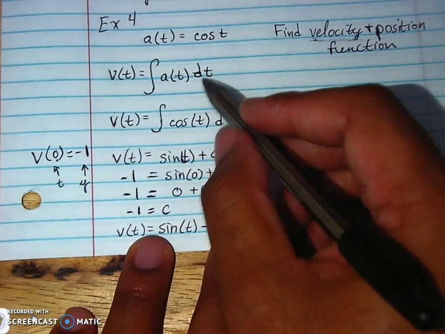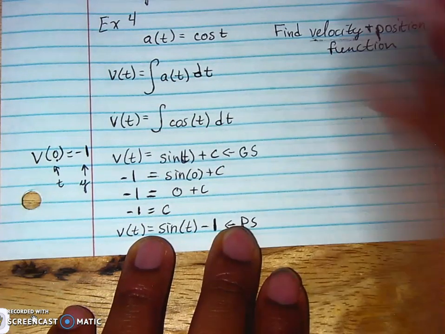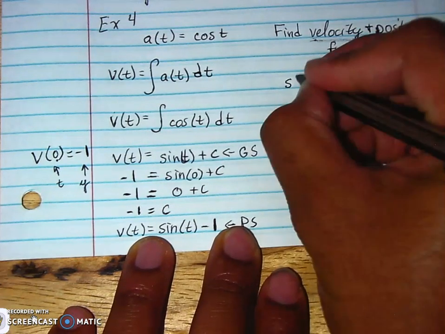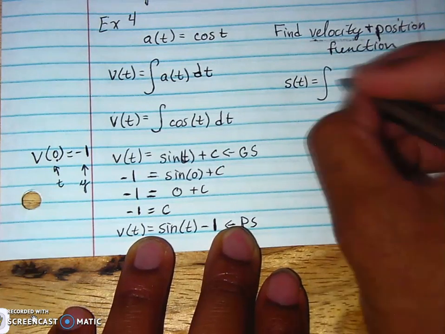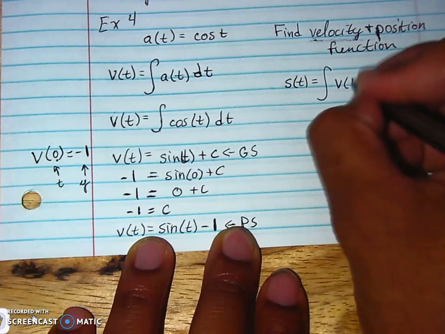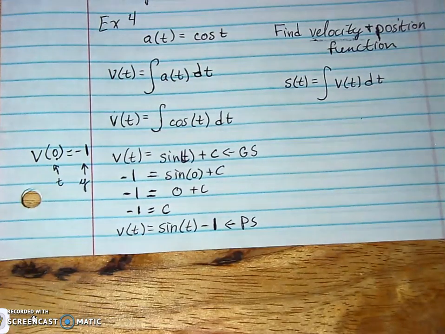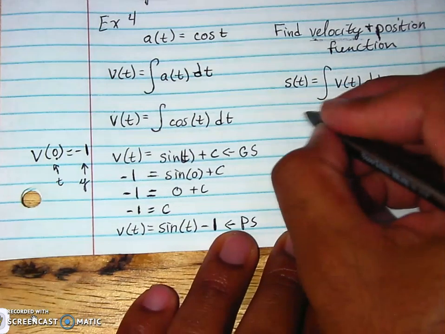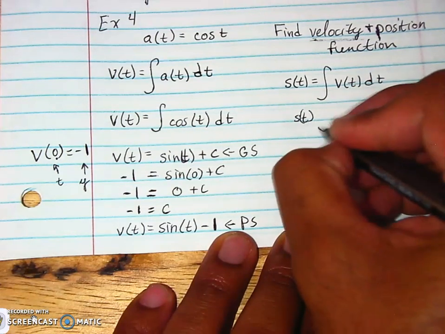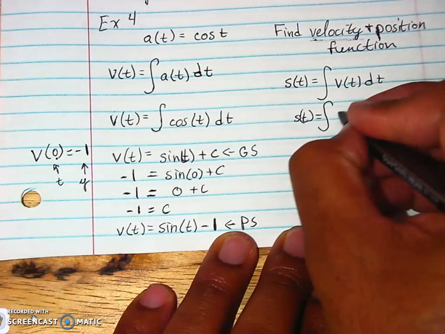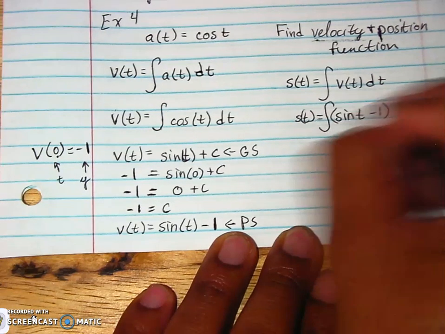Just like velocity was the integration of acceleration, position is the integration of velocity. We're going to use the particular equation: the integral of sine t minus 1 dt.